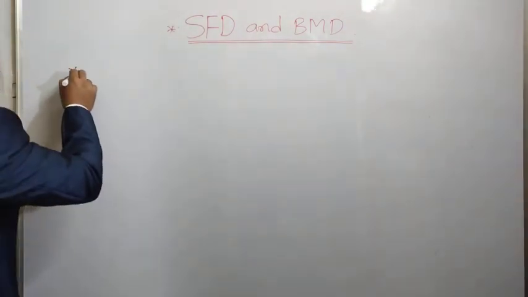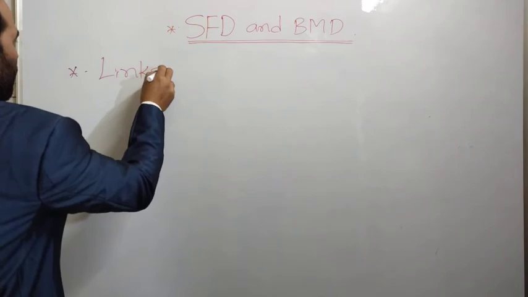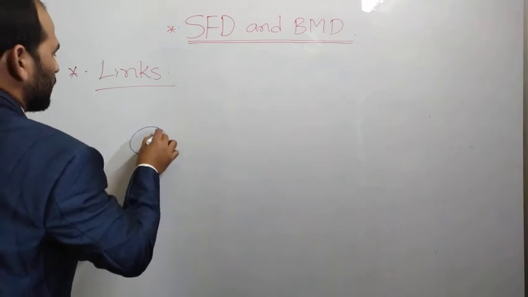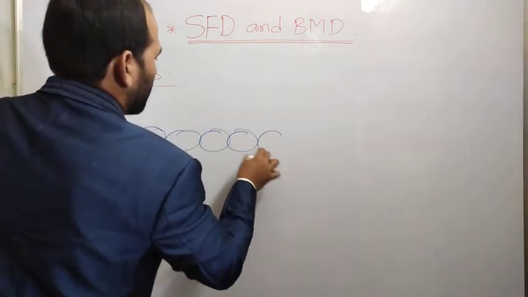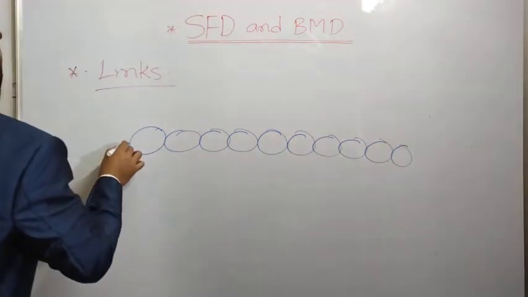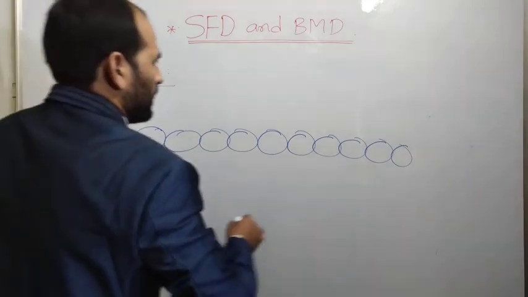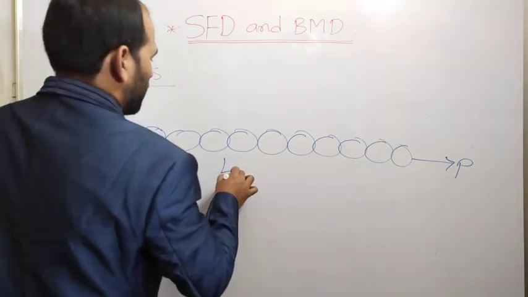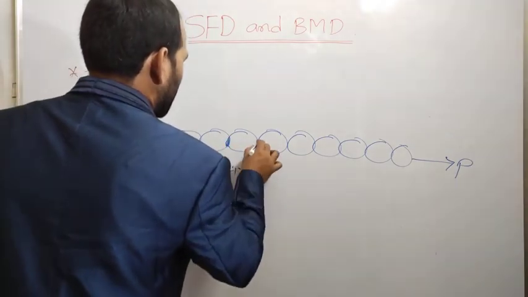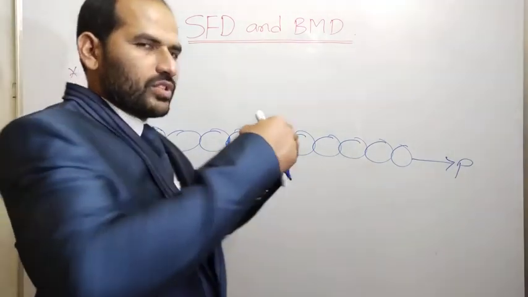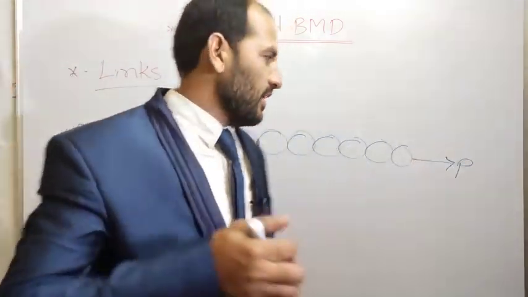The next type of force is links. This is one link, another link, another link. On this side the force develops, that is P, and on this side the force develops, this is P. So this is the link.